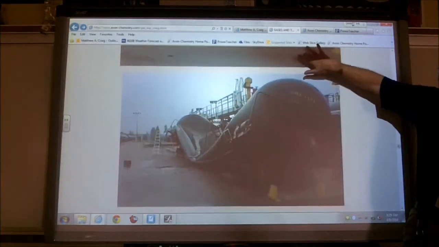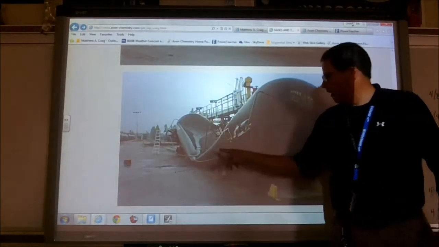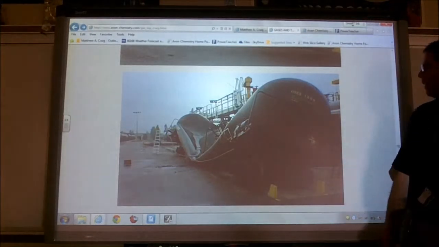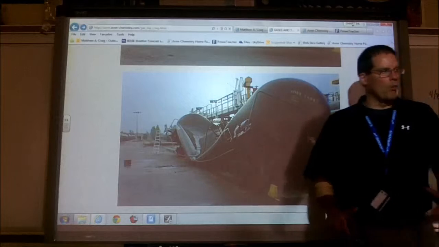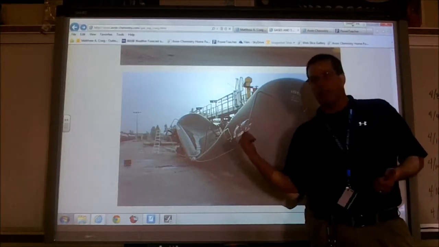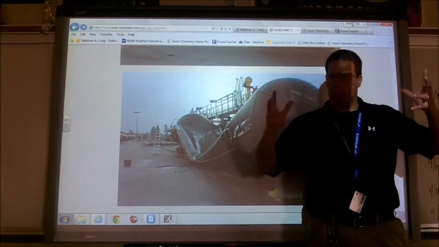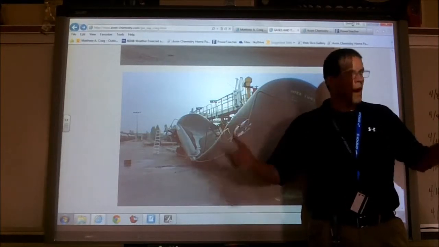They came back and saw that this tanker had been crushed. It looked like something had fallen on it. Well, that's the pressure of the atmosphere. So if you're cleaning something like this, or heating something up that has a gas inside, make sure that air can go in or out rather easily.